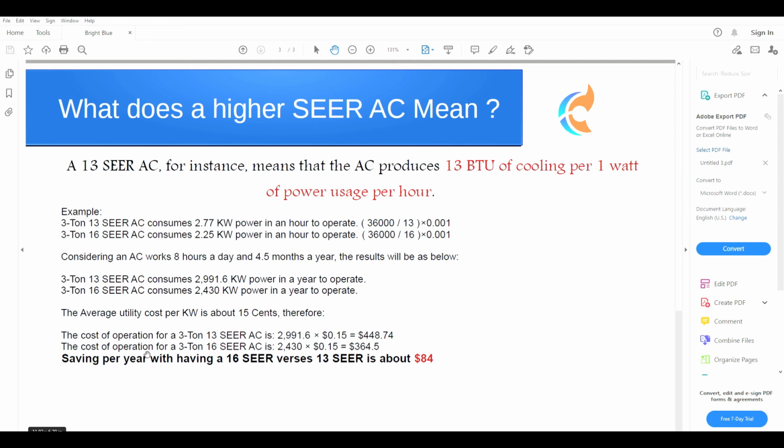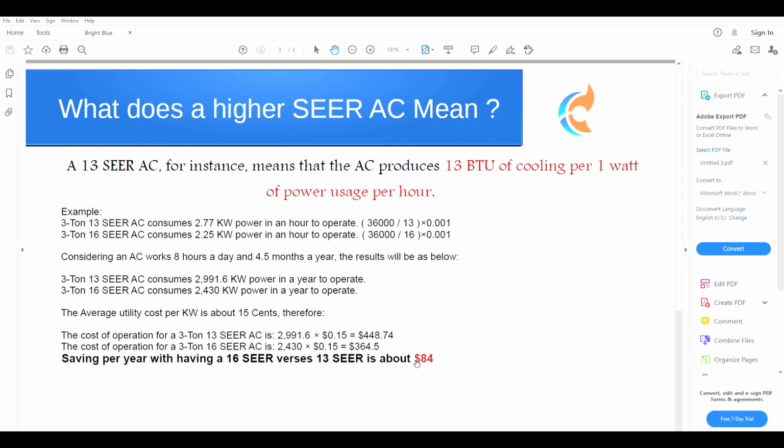And the cost of operation for a 3-ton 16 SEER with the same calculation gives you $364.5. So your saving per year with a 16 SEER versus 13 SEER is about $84. So if you have a 16 SEER air conditioner versus a 13 SEER, you approximately save $80.